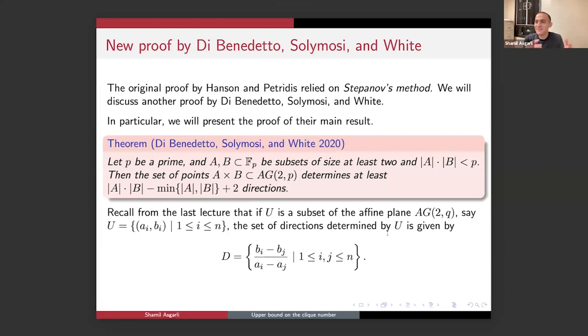So you may ask, how does this theorem about directions tell us anything about the clique number of the Paley graph? And the amazing thing is that it tells you so much. This theorem tells you a lot about Paley graphs. In fact, much more, not just Paley graphs, but other graphs too. So let me explain how we can use this theorem.